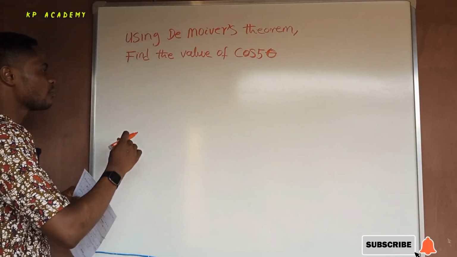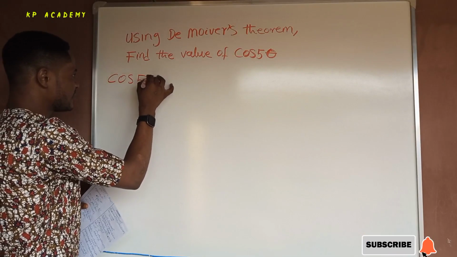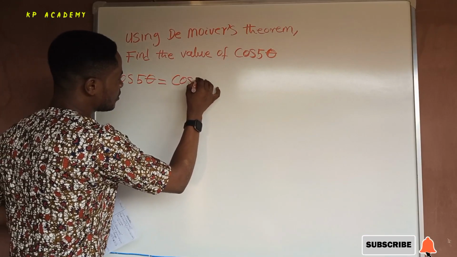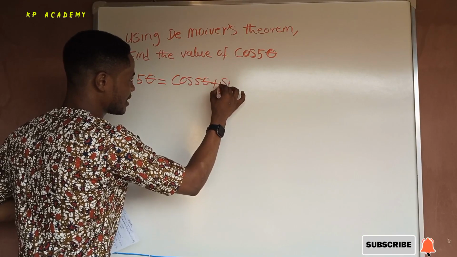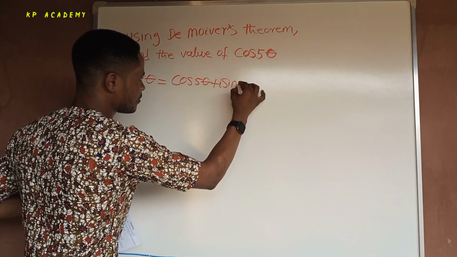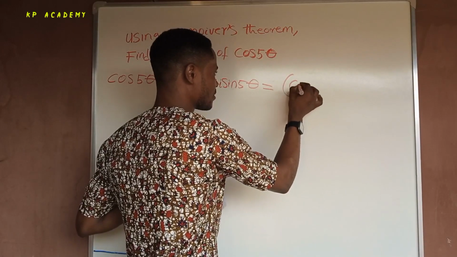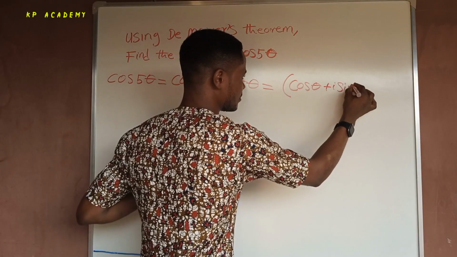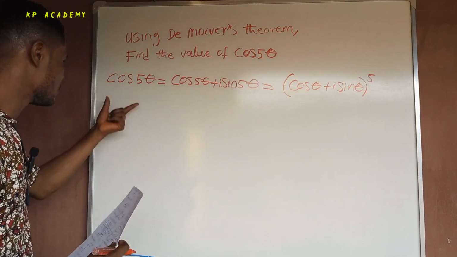According to de Moivre's theorem, cos 5 theta plus i sin 5 theta is the same thing as (cos theta plus i sin theta) all raised to the power of 5. So this is what we are given.